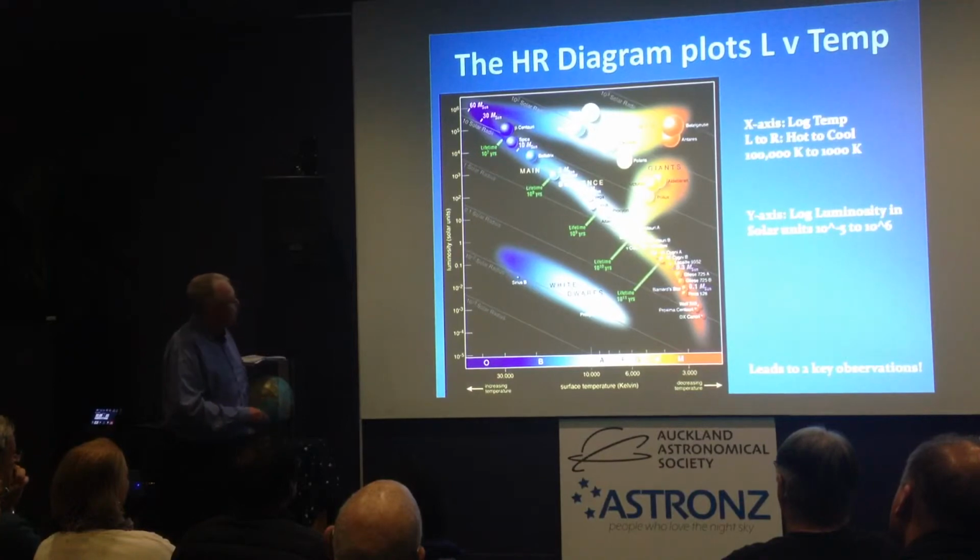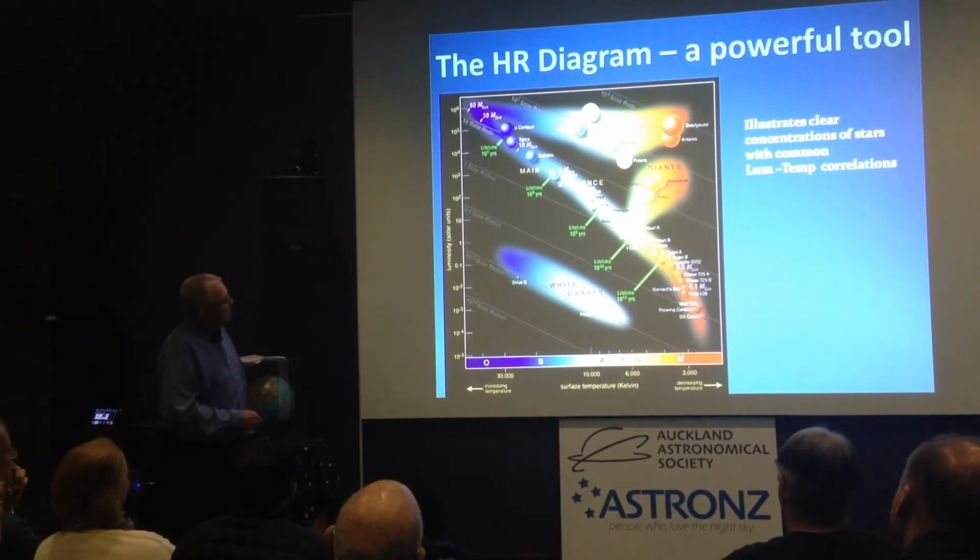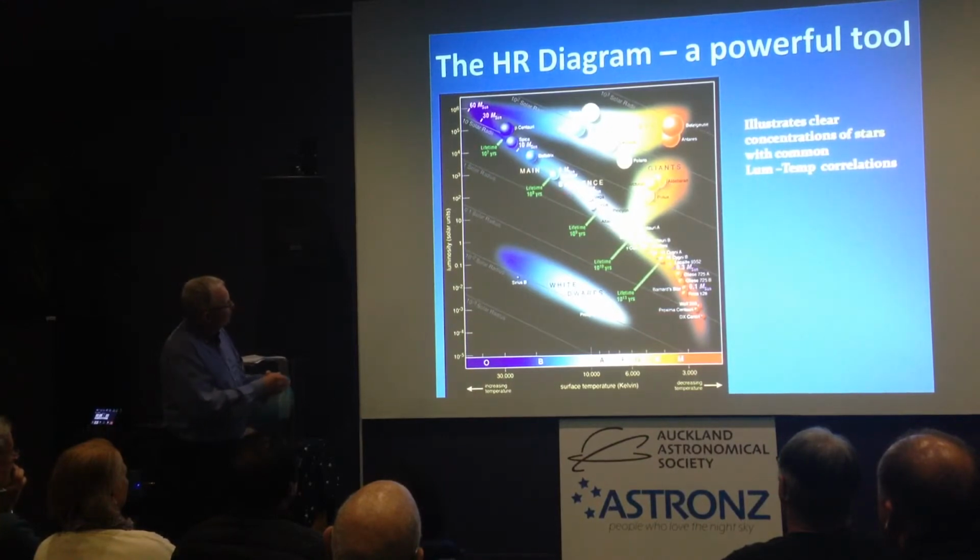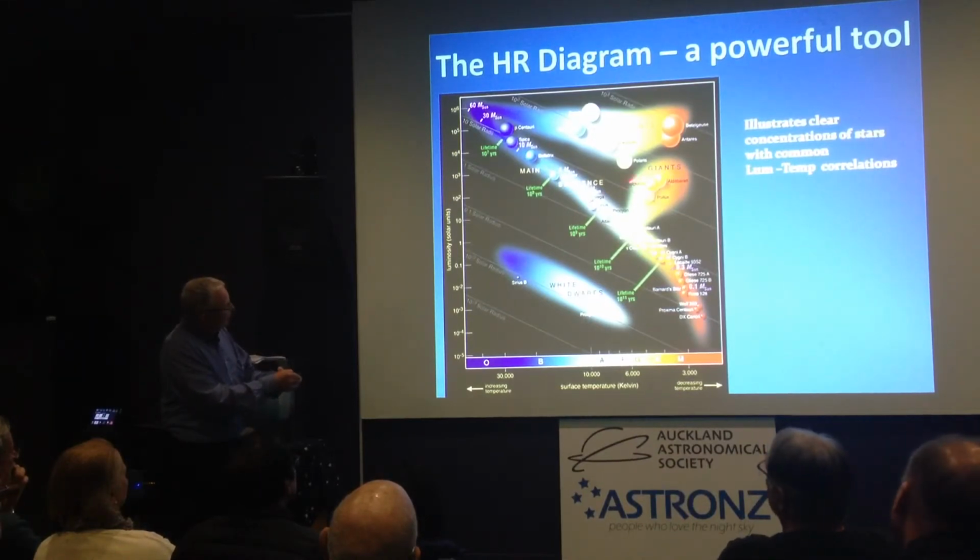That really leads to 2 key observations that we talked about. You can see there are clear concentrations of stars with common luminosity correlations. For example, there's a nice big path up here called the main sequence we'll talk about. There's another little group of stars called giants here. Once again, all with similar correlations between the luminosity and the temperature.